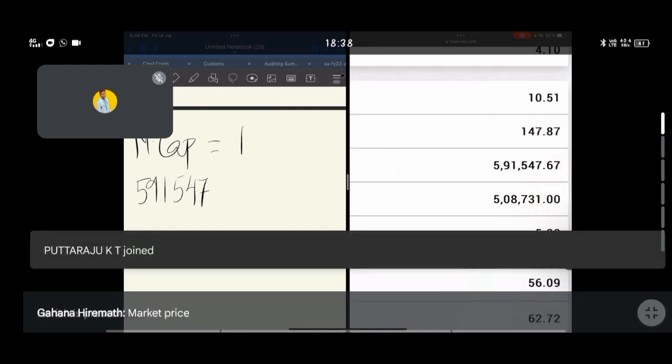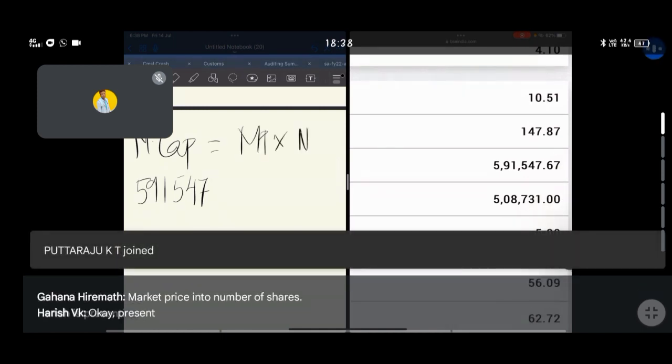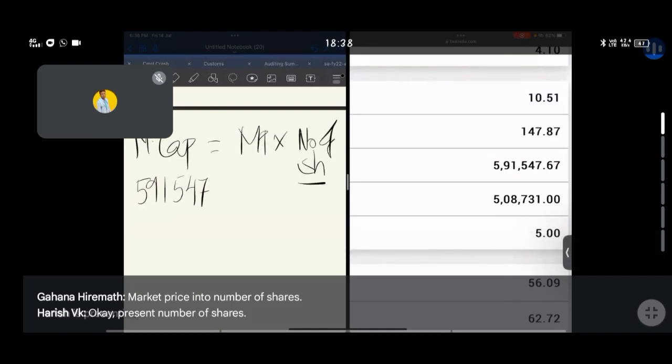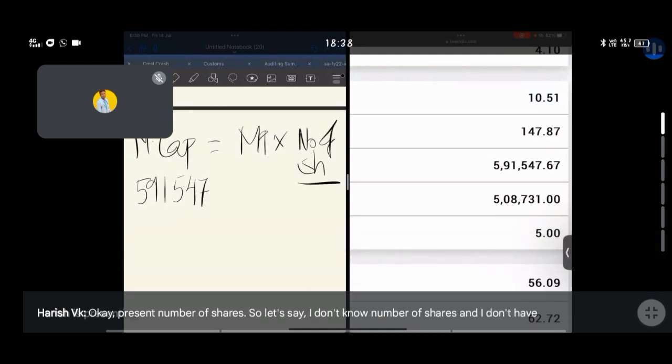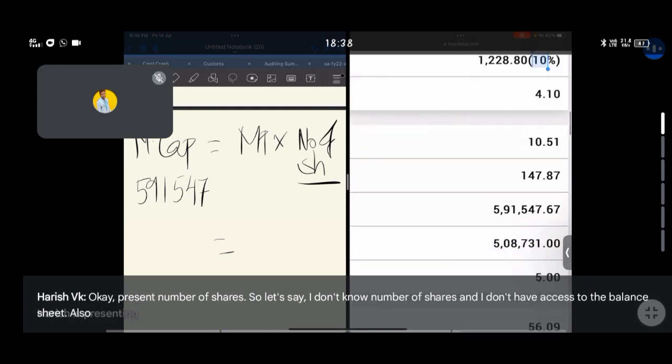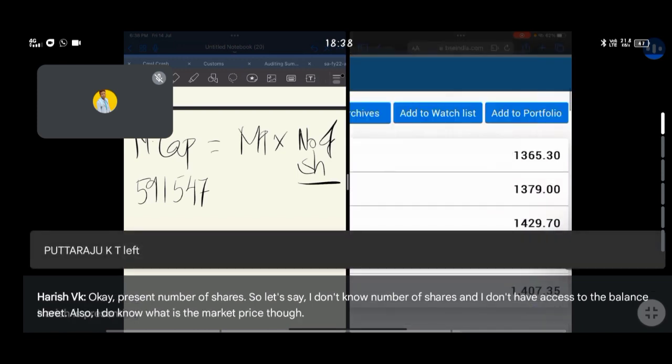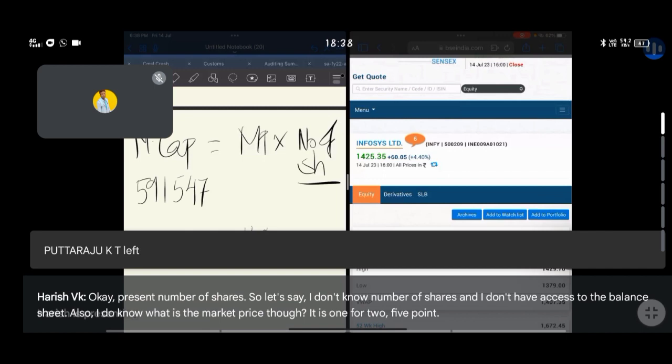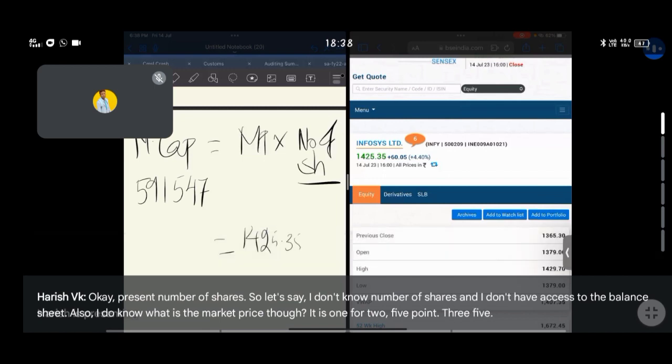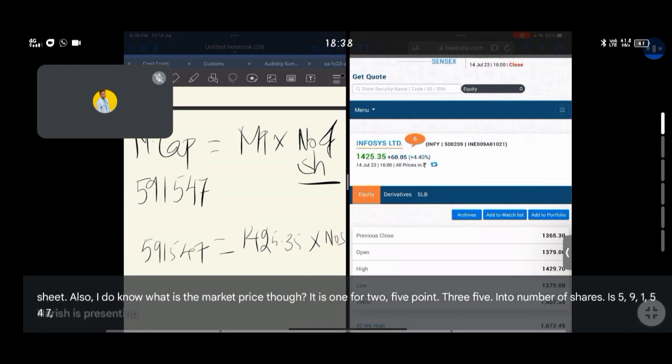Market price into number of shares. So let's say I don't know the number of shares and I don't have access to the balance sheet also. I do know what the market price is though. It is 1425.35 into number of shares is 591,547, right?